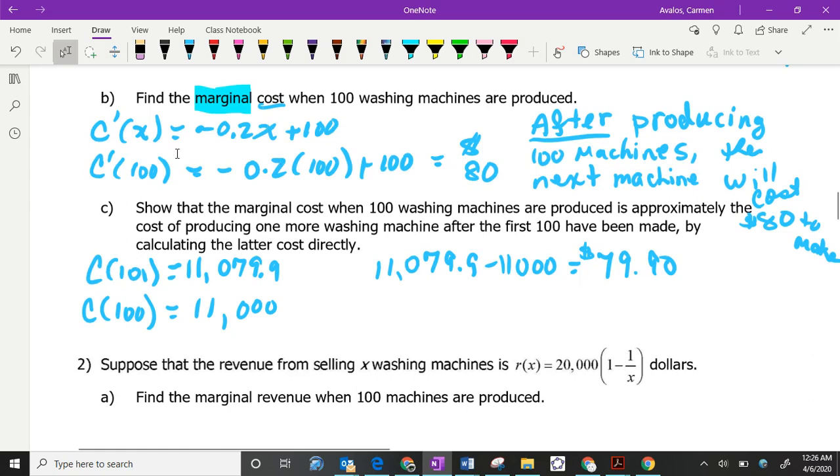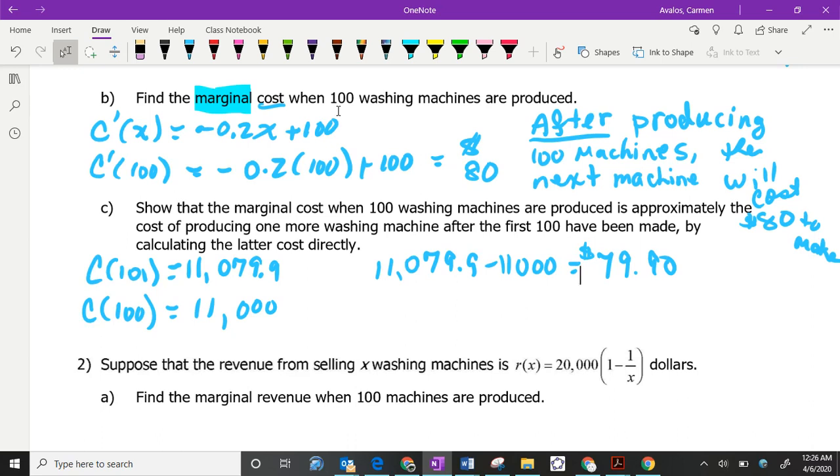So this is the rate. The rate is always talking not about the 100th machine when you find the derivative, it's talking about the next one because that's the rate at 100. So the rain is falling. That's the example that I always go back into my head to look at when I'm talking about derivatives. The rain is falling at 10 a.m. at 1 inch per hour. At 10 a.m., that's the rate.